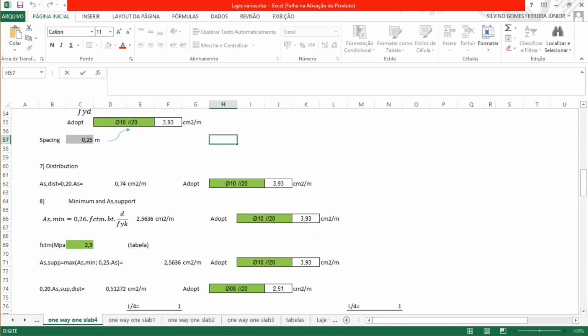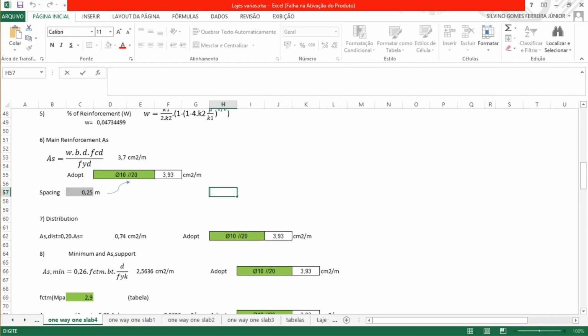That is the same that I adopt for the main reinforcement. So the minimum reinforcement to use is checked by the main reinforcement, so we can maintain it, we don't need to increase it.